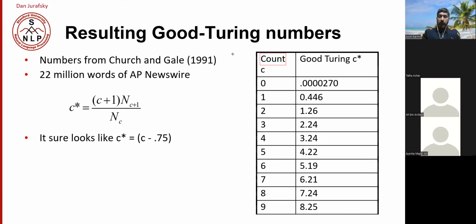So this is the table again, just to highlight. Instead of computing C star using the approach that Good-Turing mentioned, you can simply use a constant D for all values of C greater than 3, and that could be about 0.75. So C minus 0.75 would give you C star. And maybe for the counts of 2 and 1, you can use some other value.